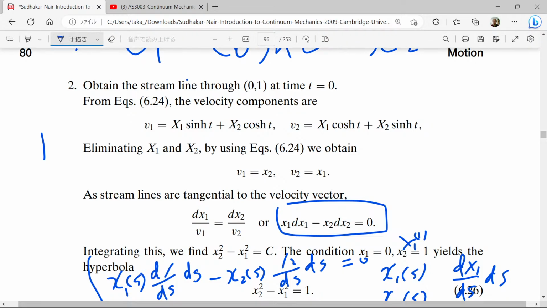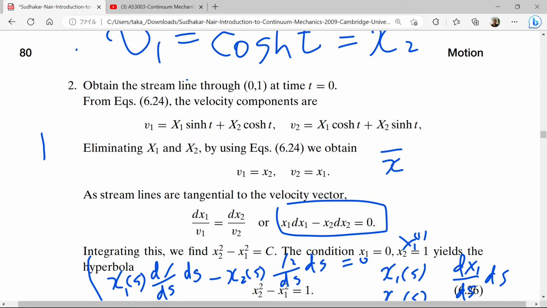So we have a point x, which is x1, x2. We can assume this x1, x2 is a function of some parameter.